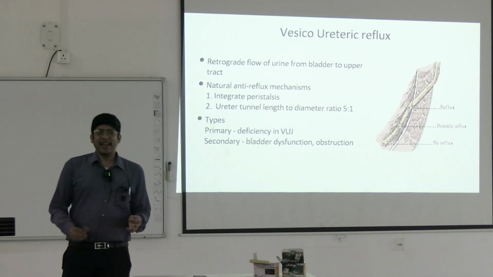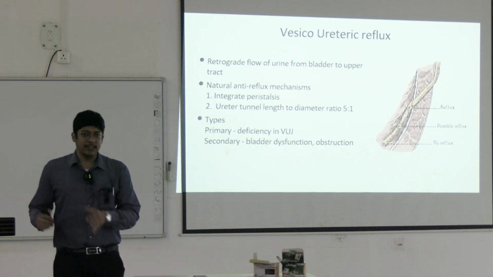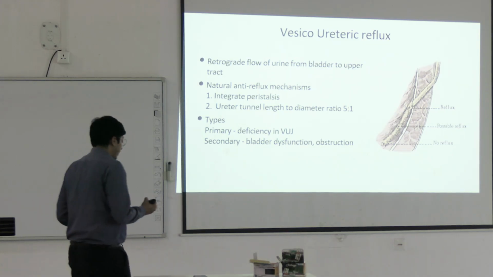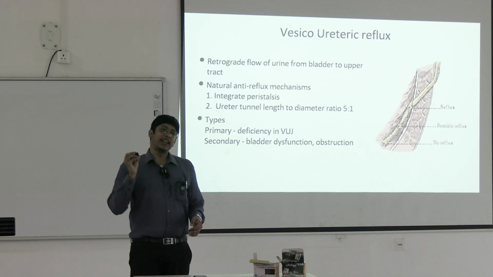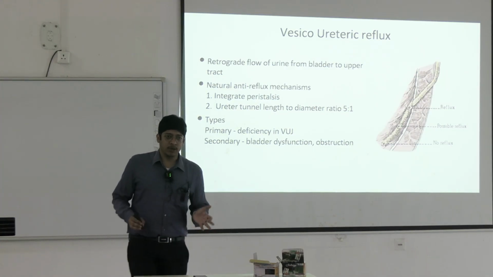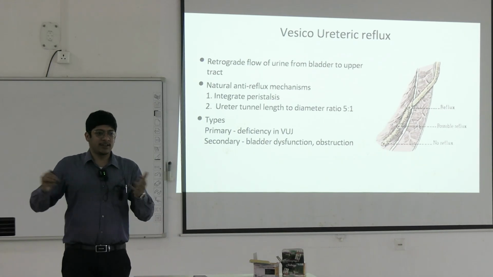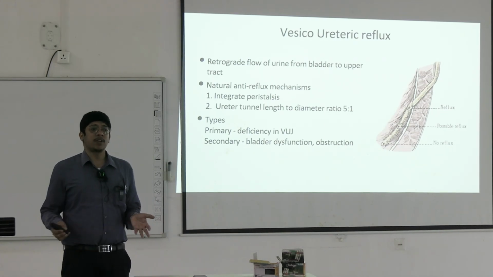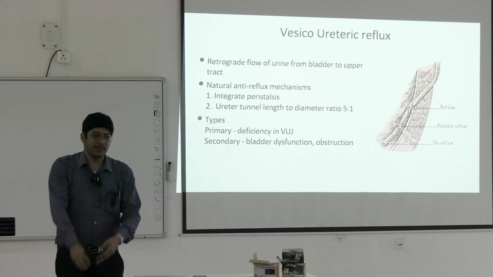For any disease, if I say it is primary or secondary, it means that primary is always affecting that particular organ, or that particular part of the organ which is diseased. For example, if I say a primary bladder stone or a secondary bladder stone, it means stones which are found in the bladder and stones which are found outside the bladder coming and residing in the bladder.